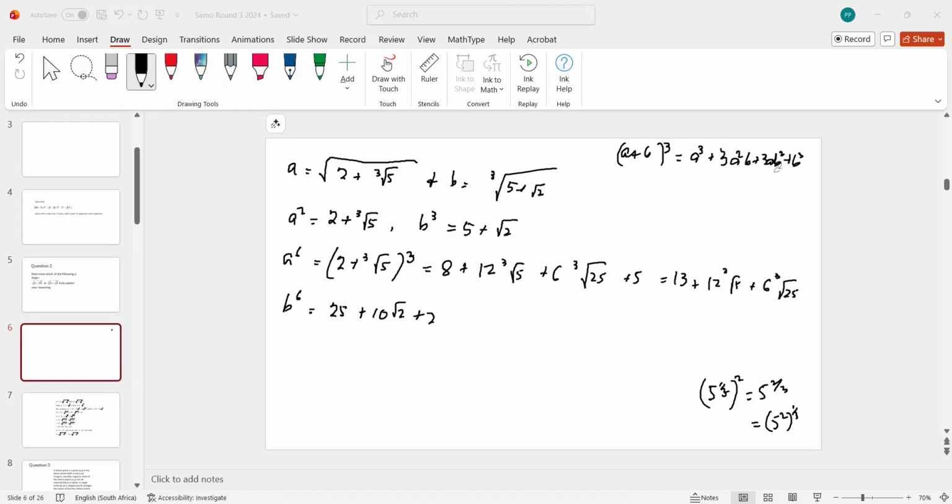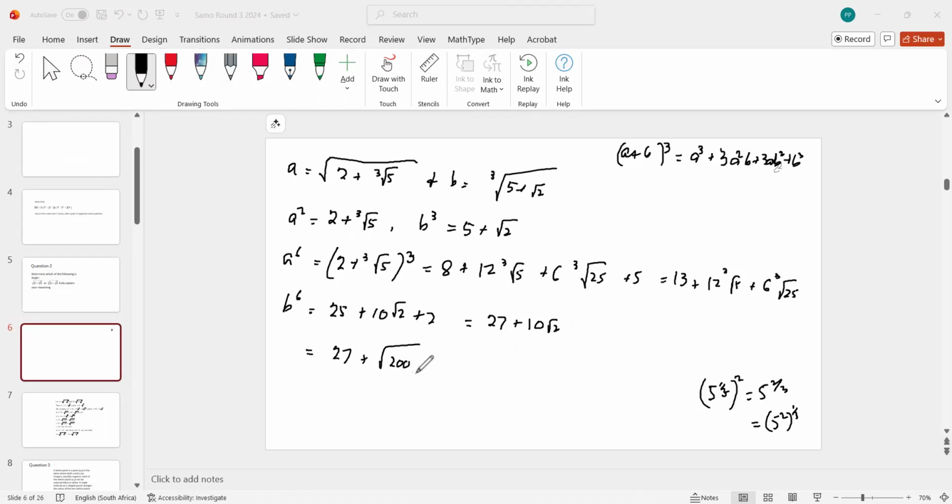Okay, now this is 27 plus 10 root 2. Now, to find out which is bigger, we have to make some estimations. For instance, b to the sixth is 27 plus 10 root 2. 10 root 2 is the same as square root of 200, the square root of 10 squared times 2.